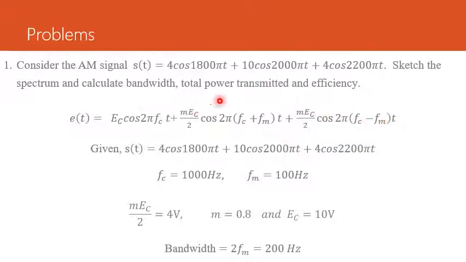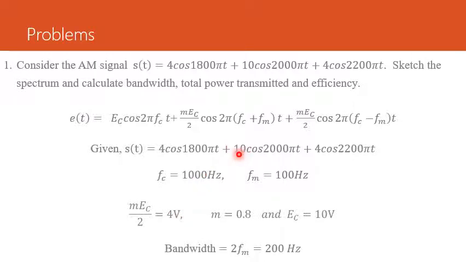Then you have to compare your general expression with the given signal. In the general expression it is clear that both the sidebands have the same amplitude, m into Ec by 2. In the given signal, first of all you have to identify the common factor. That is, in this expression the 4 is the common one. So m into Ec by 2 is equal to 4 volt.